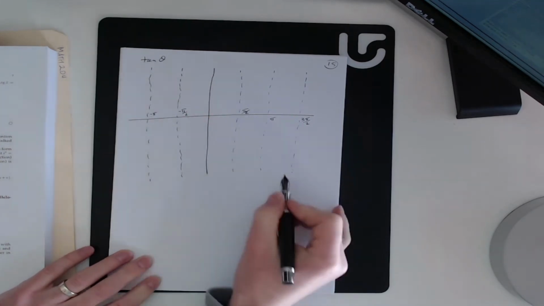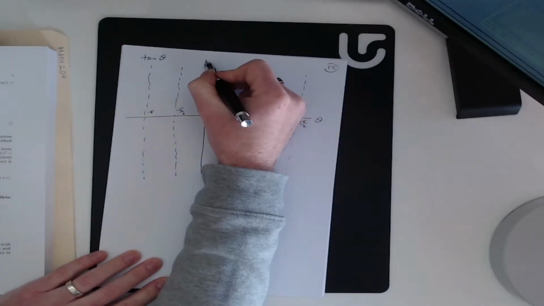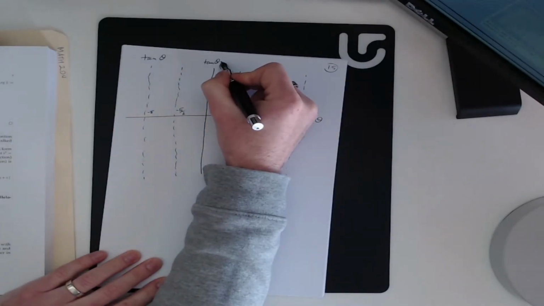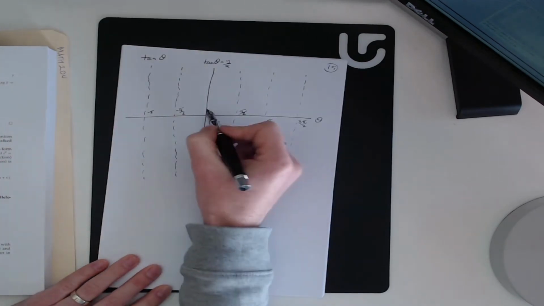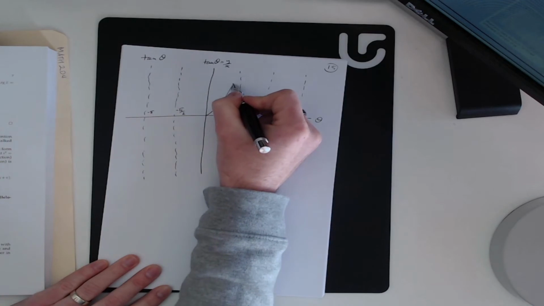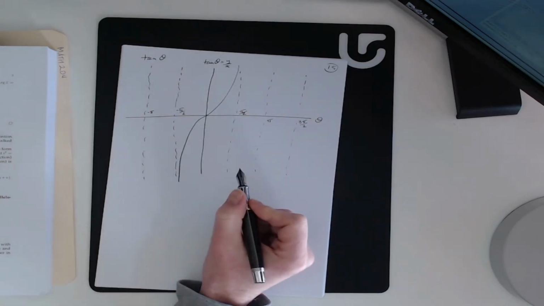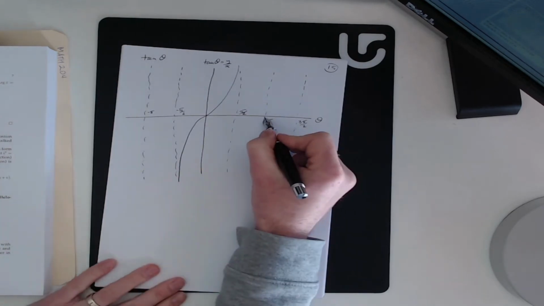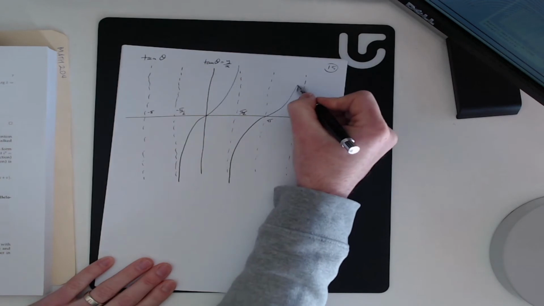Okay, so what does this look like? This is theta here. This is tan theta, which is also our ratio, y over x. So it asymptotes, and it repeats every pi.